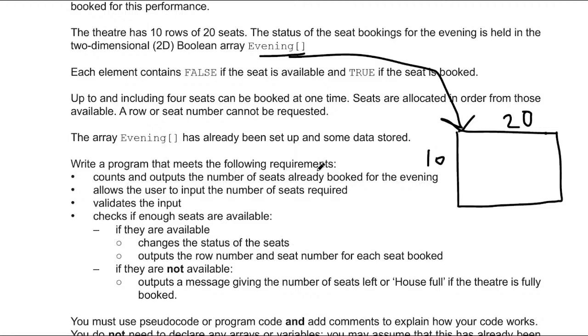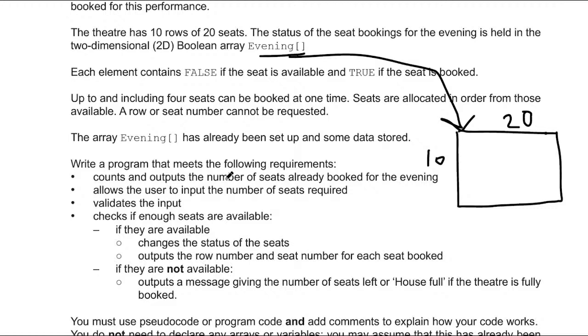Write a program that counts and outputs the number of seats already booked for the evening. It allows the user to input the number of seats required, and then validates the input. Check if enough seats are available.